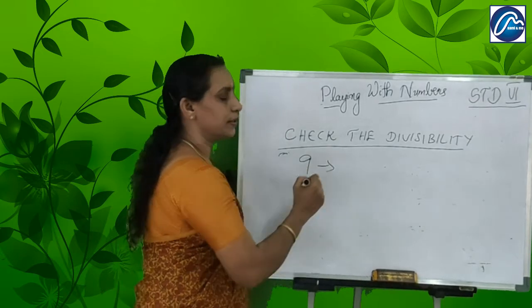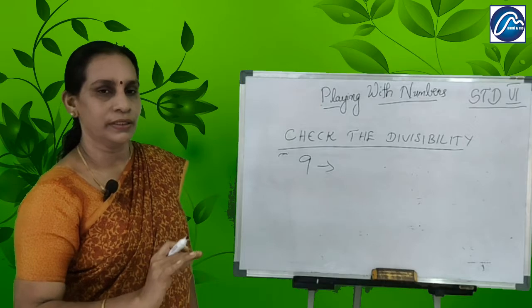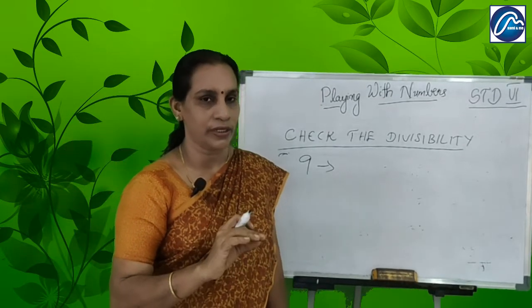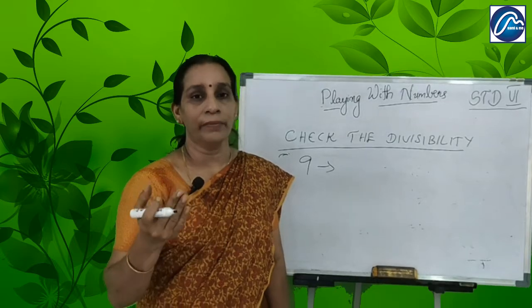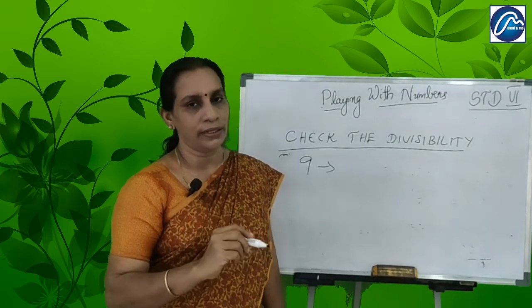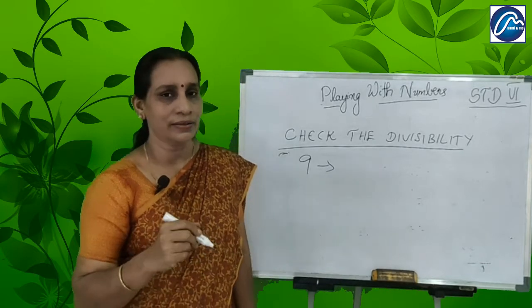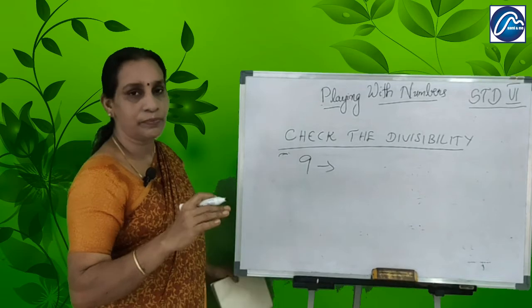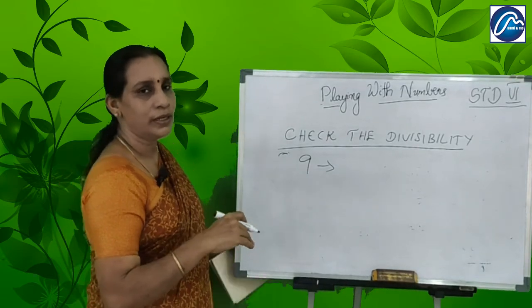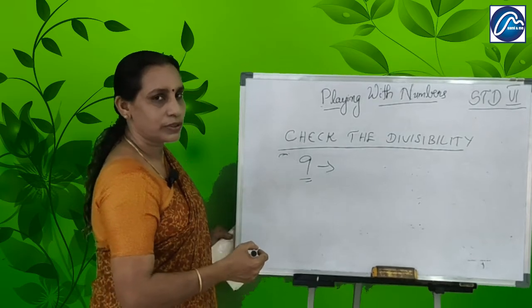So next one is 9. If you check the divisibility by 9, if you add the digits of the number, then if you get a multiple of 9, then the number will be divisible by 9. Like the 3, we have done in 3, the same procedure is here for the divisibility check for 9 also. Okay.